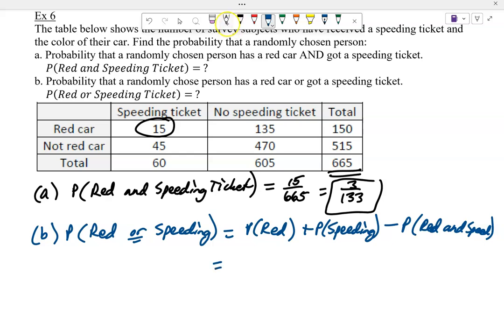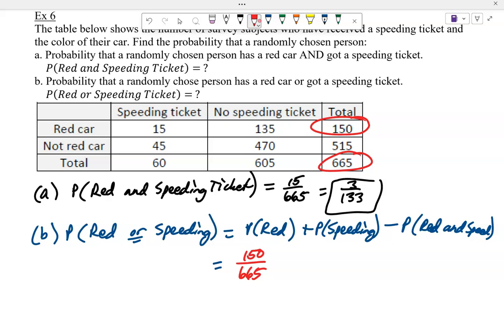How many have a red car? Total winners with a red car, 150 out of 665, right? That's how many people have a red car.